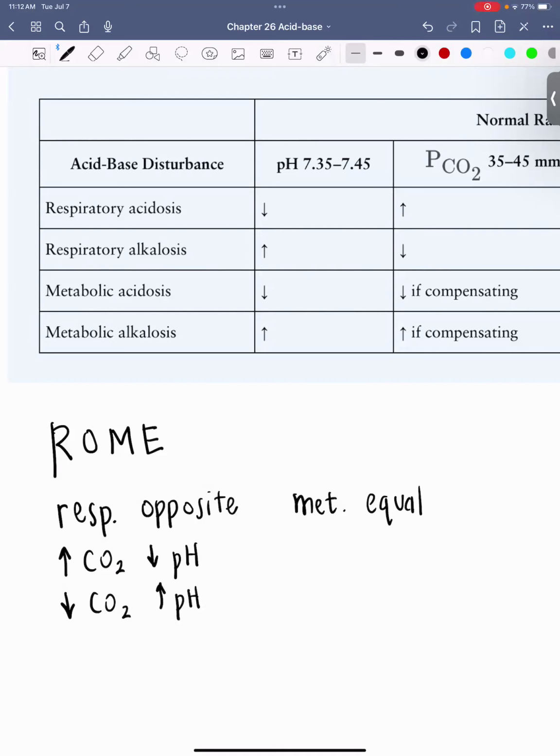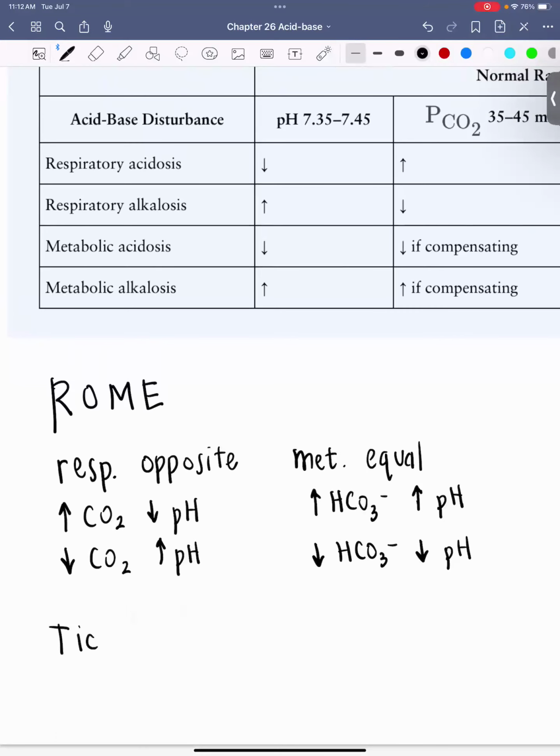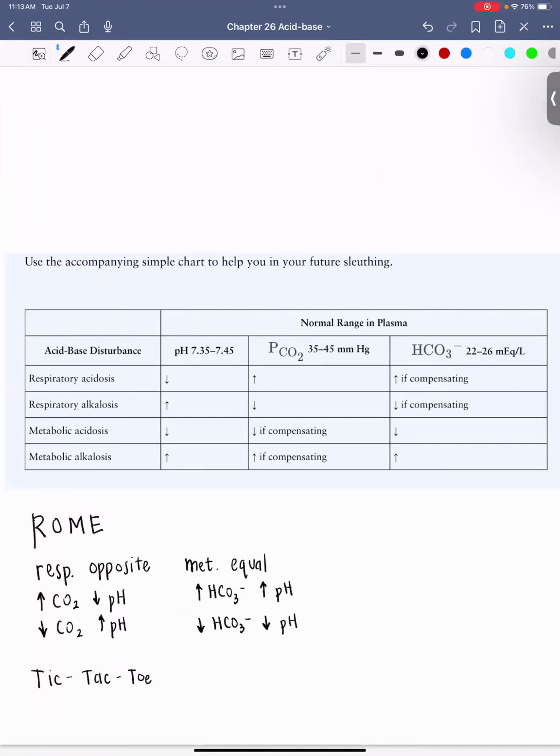CO2 and pH go in opposite directions, and bicarbonate and pH. So again, metabolic acid-base imbalances are indicated by bicarbonate, which is directly related to the pH. So if we decrease bicarbonate, that will lower the pH. There's a handout that explains the tic-tac-toe method, which you might also find useful in determining the cause of these acid-base imbalances.